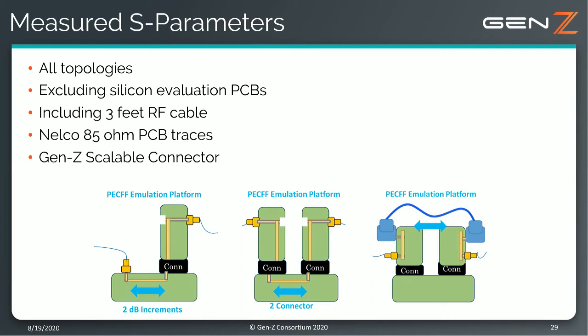I'll include the RF cable, about 3 feet of RF cable on each side, but I won't include the evaluation platform. It would be independent on someone else's side that would be hooked up, okay? So just looking into the emulation platform, what do we see? What we expect to see are the low-loss Nelco 85 ohm traces, the Gen-Z Scalable Connector, the cable, all of these items included in the interconnector we'll observe in the measurement.